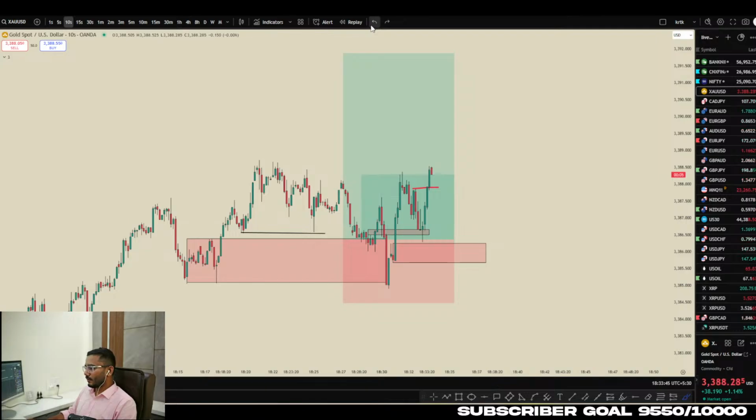And this is where, if price continues ahead to the upside, we can put our stop loss at break even.